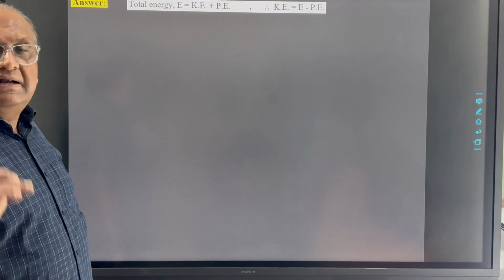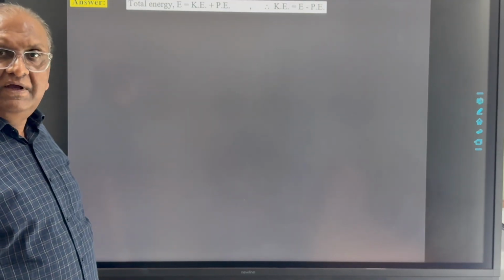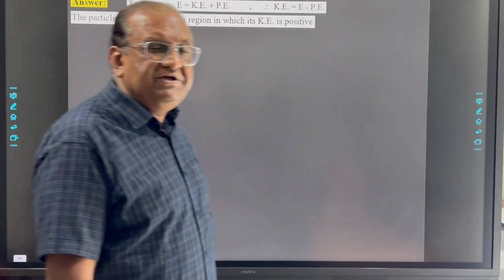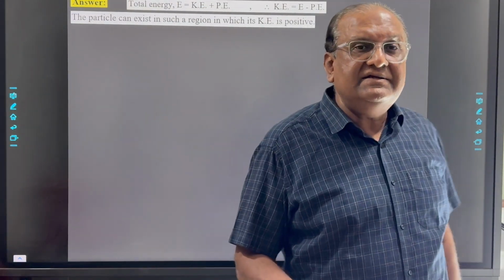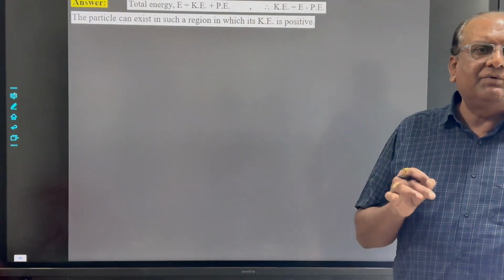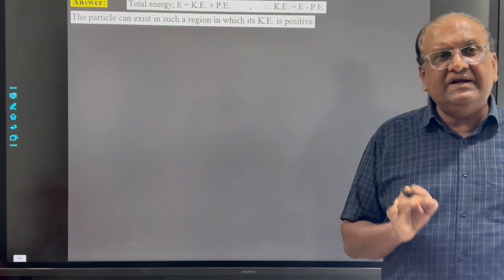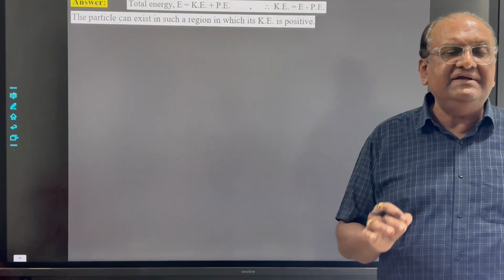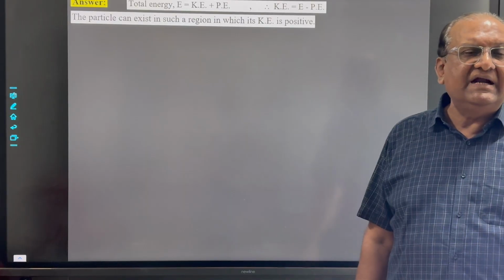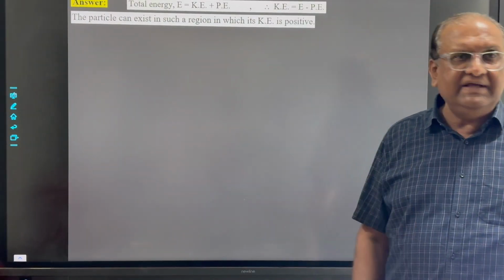Now kinetic energy is always positive. So in the region of the graph for which the kinetic energy is positive, the particle can be found. If the region is one in which kinetic energy is negative, then the particle can't exist in that region. This is the fundamental thing.